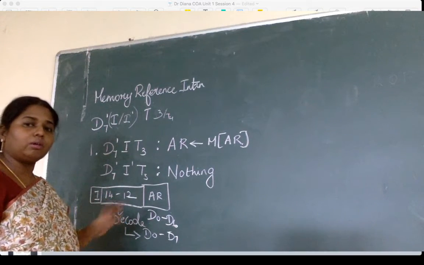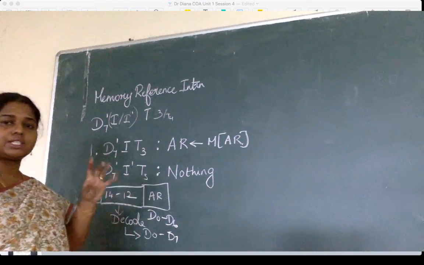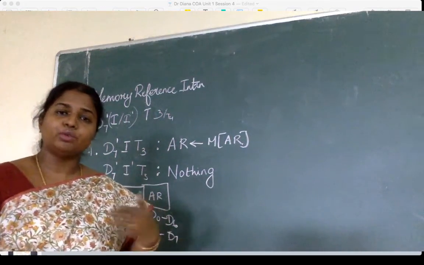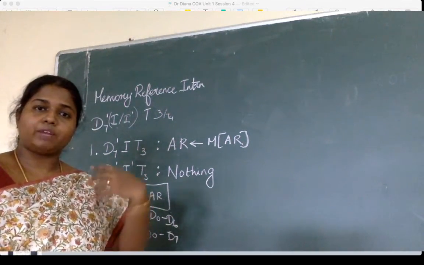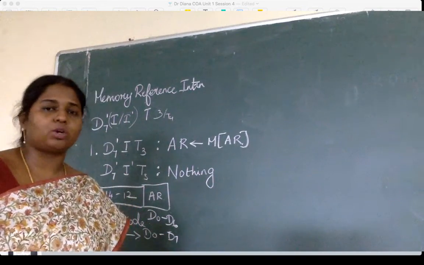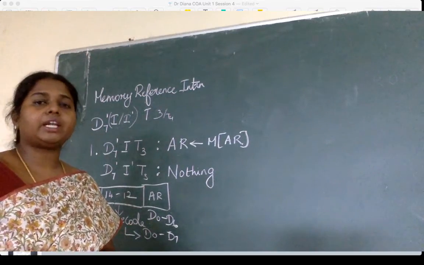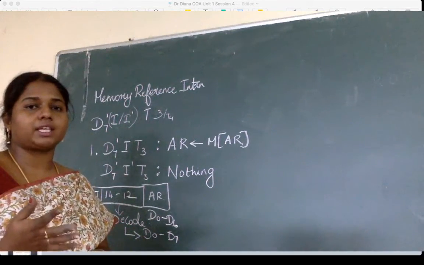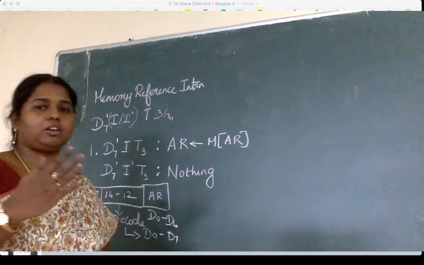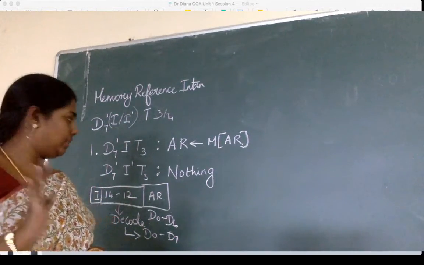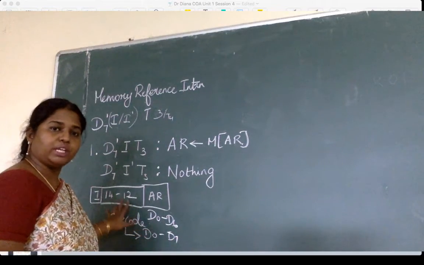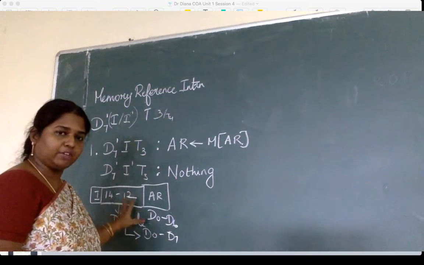So always the address register and another register, data register or accumulator, will be used as a gateway. Every time I read from the memory, it is always through the address register. And every time I read or write data inside the memory, it is always through either the data register or the accumulator. That's the idea behind it. And bits 12 to 14 are used to distinguish between different memory reference instructions.